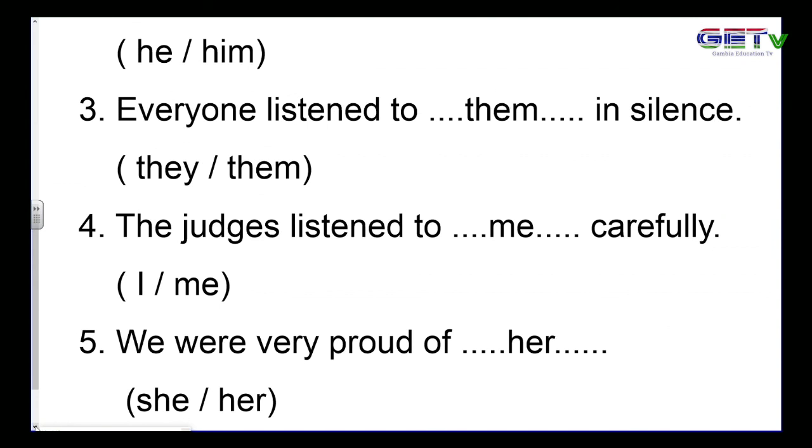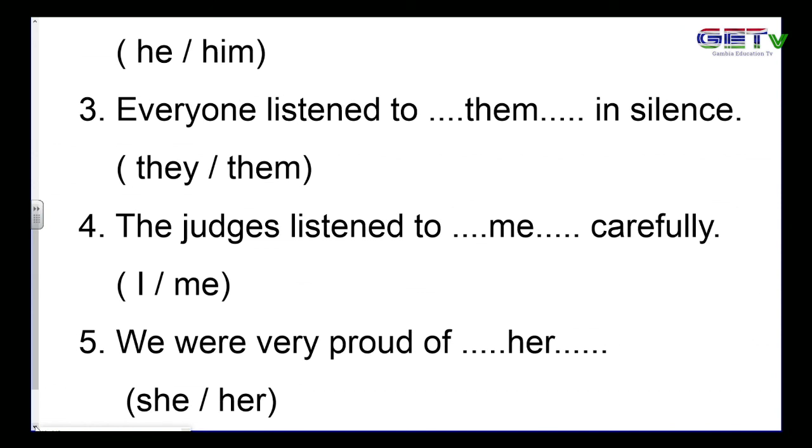Number 4, the judges listened to me carefully. Did you say the judges listened to I carefully? No. We say the judges listened to me carefully. We were very proud of her.